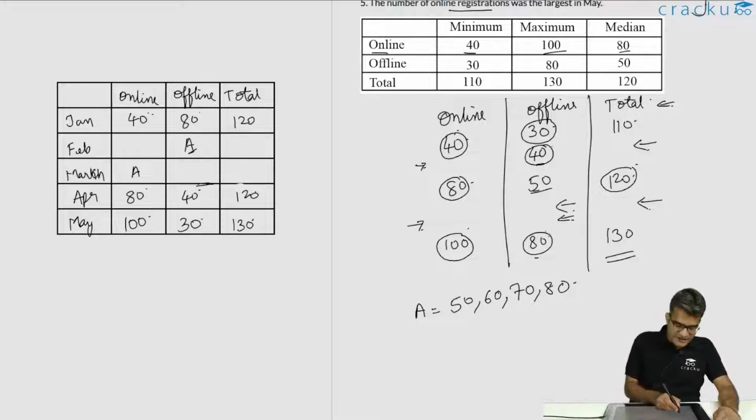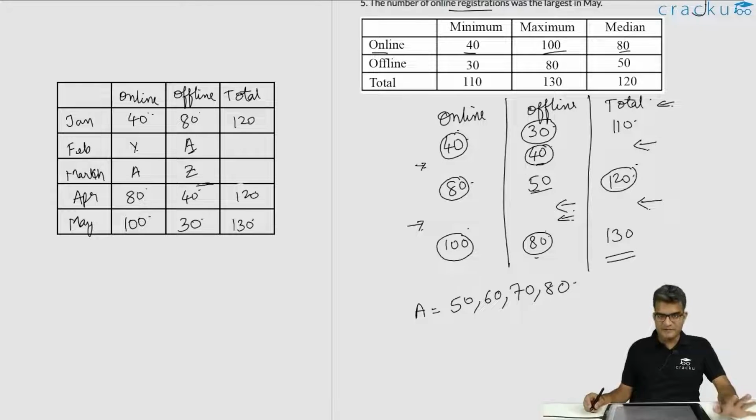Now we have a number over here which is the value of Y. Let this be equal to Y and let this be equal to Z. What are the values that Y can take? If you are looking at online numbers, we filled up a 40, a 80, and a 100. This A lies between 50 and 80, so this will be where A will come.